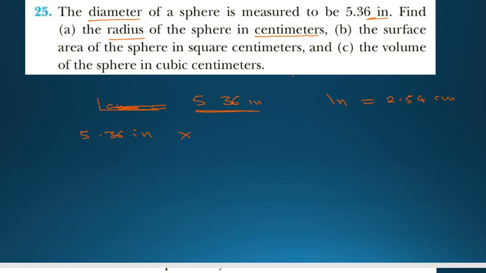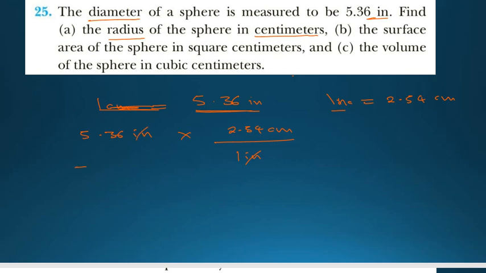So we are going to do this. We want to cancel inches, so 1 inch there is equal to 2.54 centimeters there. As you can see, inch and inch are going to cancel.